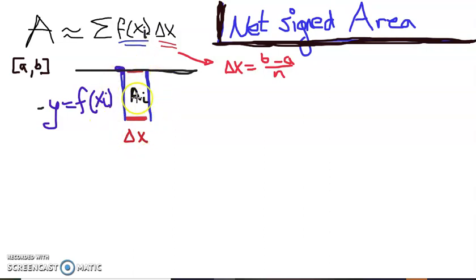So that's one of the things we'll see in the coming example. The other, obviously, if the y value is positive, positive y times positive delta x will give you a positive area, so that's not a problem. But there's something else.